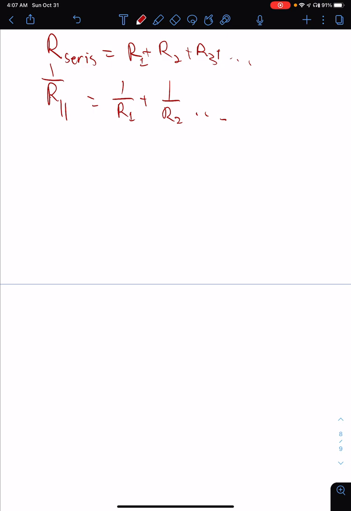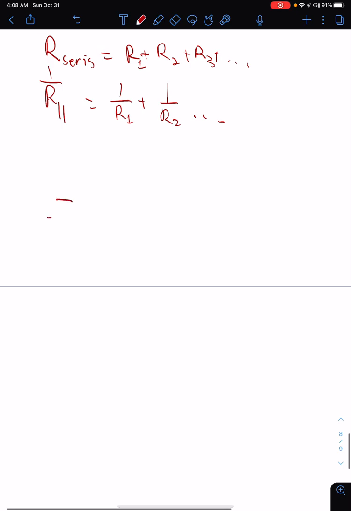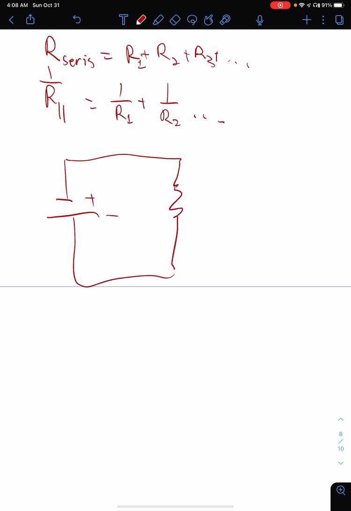So I'm going to draw a very complicated circuit from the top of my head with just one battery. Okay, so plus, minus.